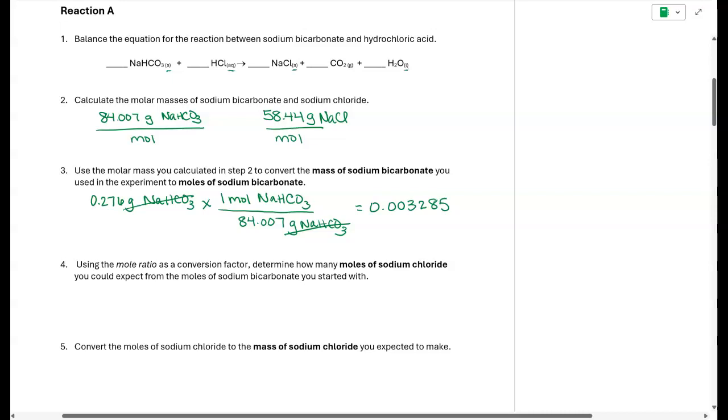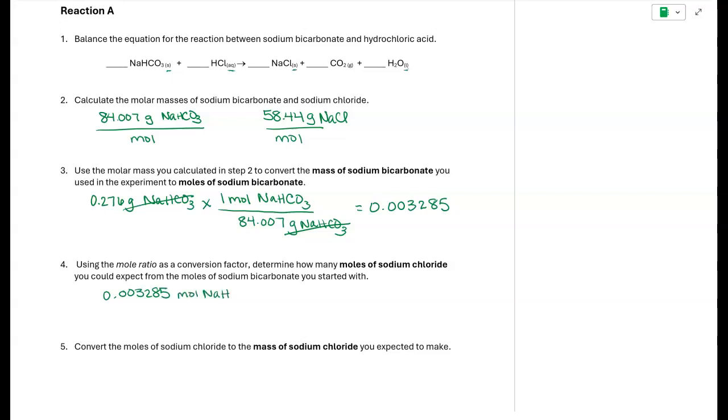And so if we have our moles, and this is of sodium bicarbonate, right? So we have our NaHCO3. And then we're going to multiply that by our mole ratio conversion factor. And so we know that for every 1 mole of NaCl, we need 1 mole of sodium bicarbonate.